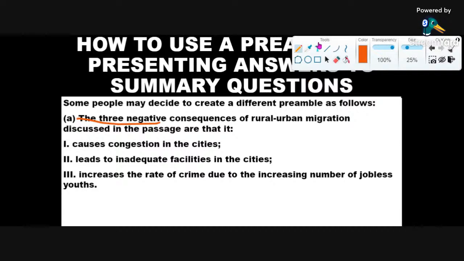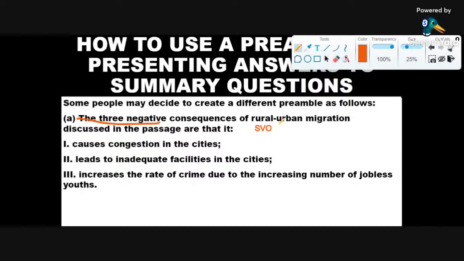A sentence in English has a structure, okay? And this structure, in most cases, one of the commonest structures is SVO, where S stands for subject, V stands for verb, and O stands for object.